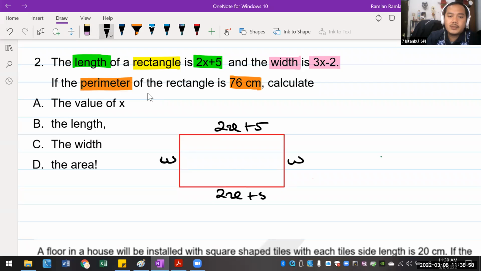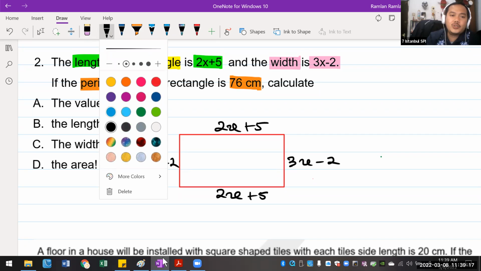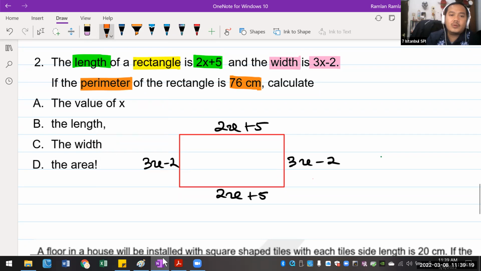And then the width is 3x minus 2, so I'll erase that and change it into 3x minus 2, and this is also 3x minus 2. And then one more piece of information, the perimeter: P is equal to 76 centimeters.